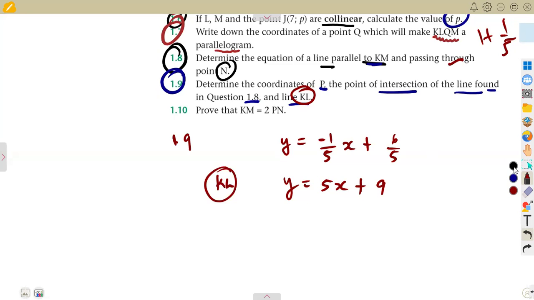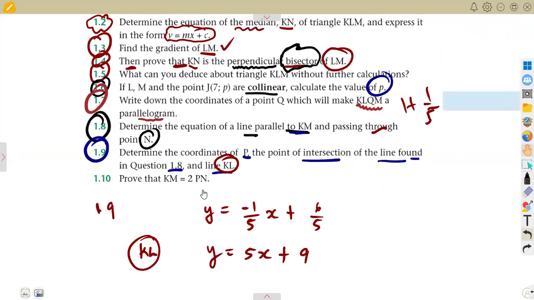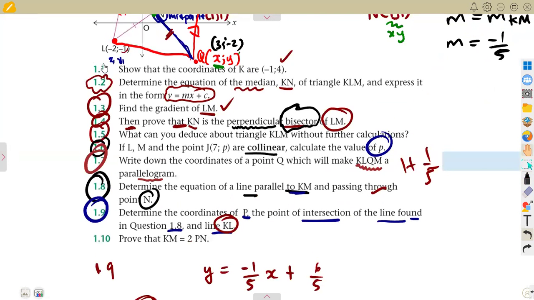Whenever you are to calculate the point of intersection, just like what happened on question 1.1, where we showed the coordinates of K, we calculated that using the point of intersection concept. At the point of intersection, the two equations are equal, so we can solve simultaneously.